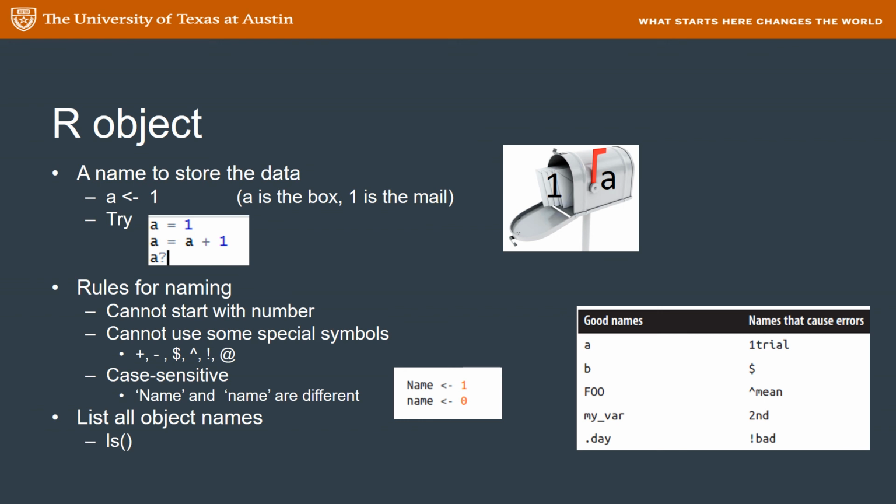When you see that A equals A plus 1, this is mathematically incorrect. But how is it correct in computer science? Well, when the computer sees this line of code, it first executes the code on the right hand side. So it will first do the A plus 1. It will first get the value of 1 and add 1.